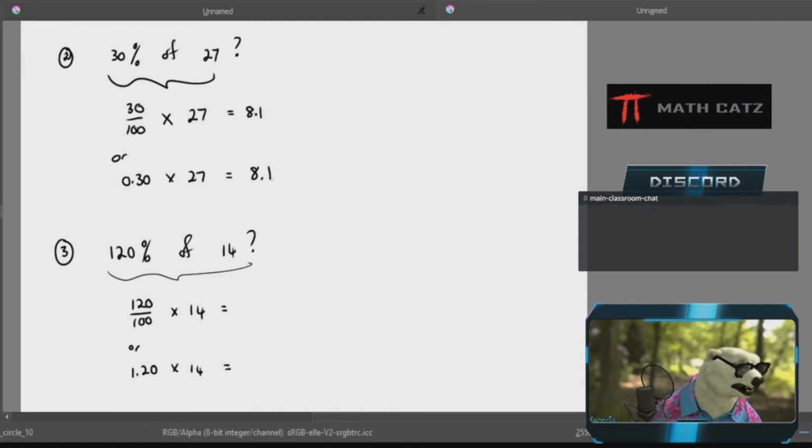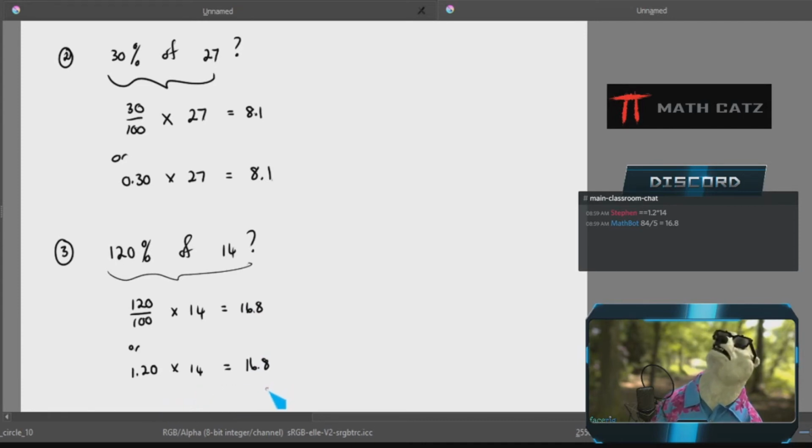What do I end up with? 1.2 times 14 is 16.8. So definitely in terms of calculator button presses, the decimal one is a little faster.